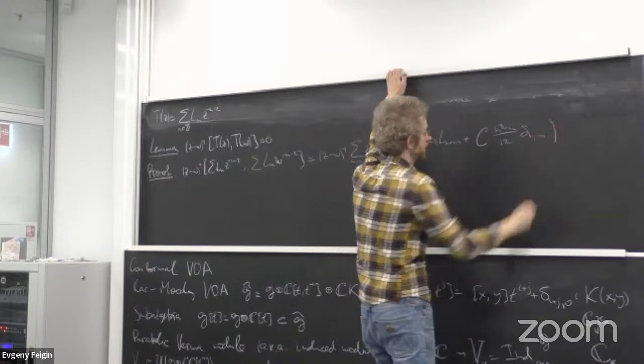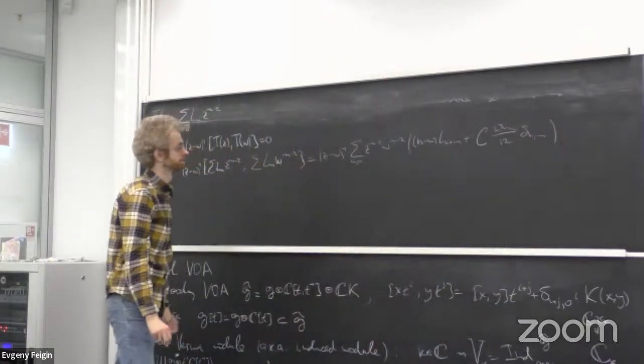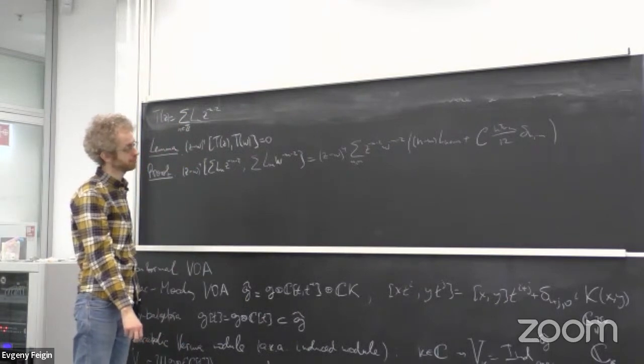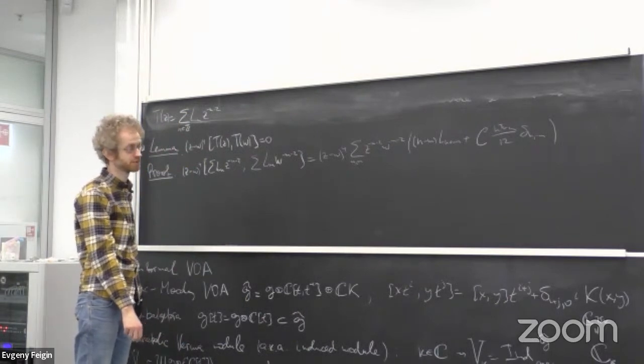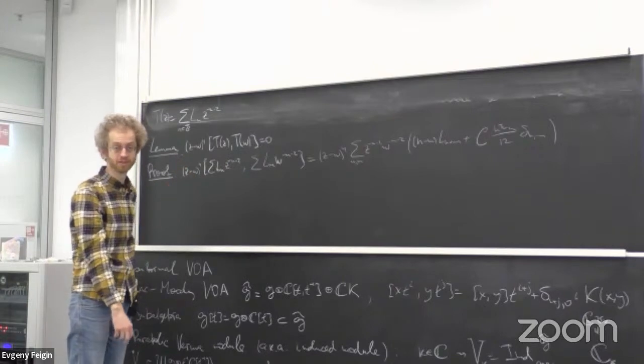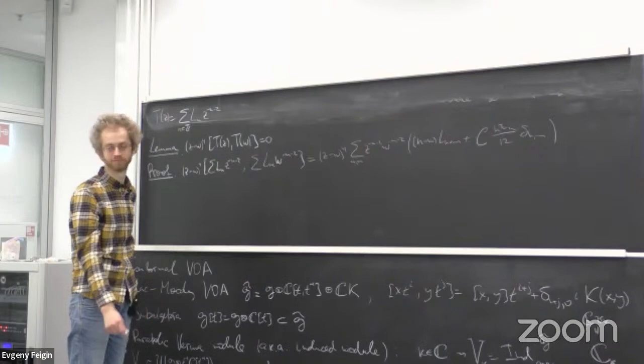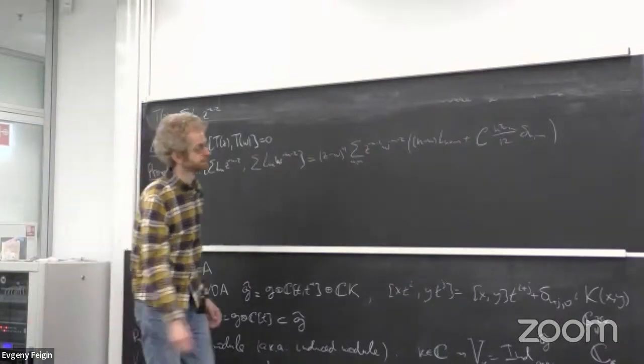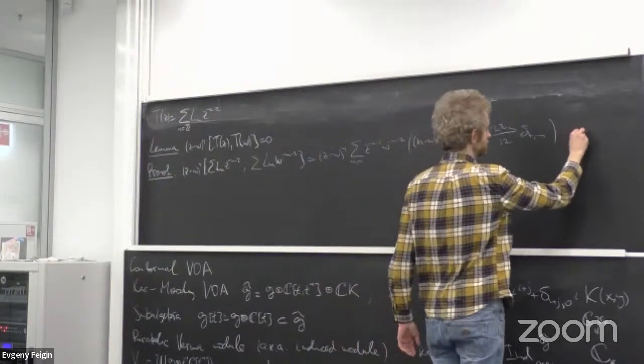That's it. So you multiply it by (z-w)^4, and then you need to check that it's 0. There are two terms, and well, just check. Okay, homework.